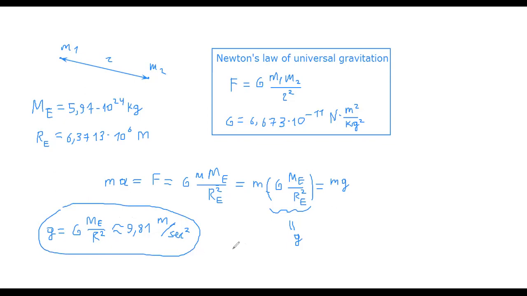For example, on equator or in other place, it will be some different, but not significantly different. Do you have any questions about this?